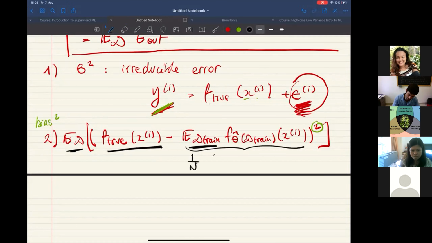Concretely, this is the limit when n train goes to infinity of 1 over n train times the sum of f theta. That depends. Or actually, it's slightly more complicated. Yeah, no, it's correct.